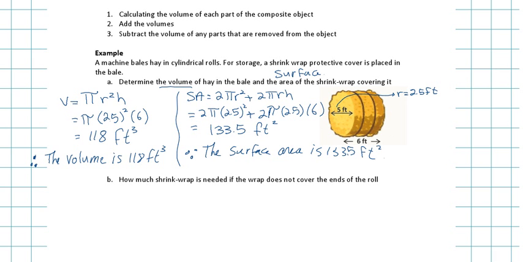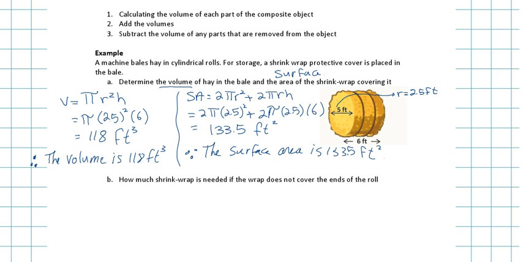So if you look at your formula sheet, it says the area of the lateral surface is 2 pi RH. Okay? So you're not covering the end, so you're not covering the circle. So you're only gonna use this part.